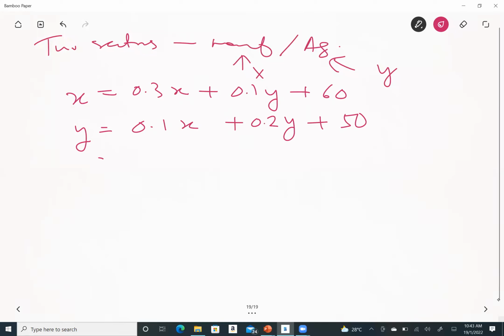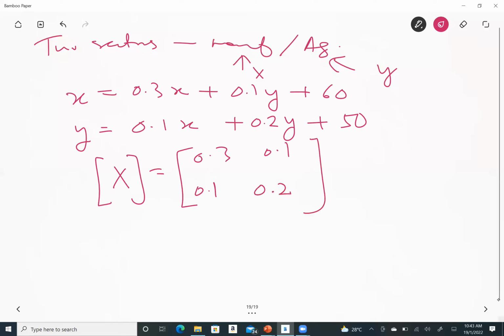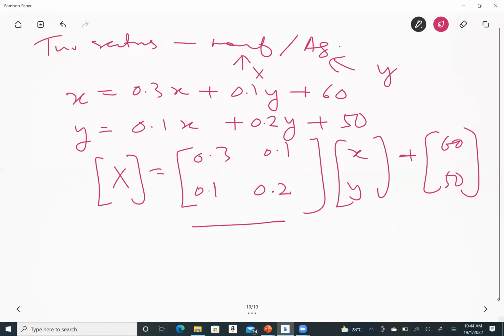In matrix form, it will be X equal to what? 0.3, 0.1, 0.1, 0.2, multiplied by X, Y, plus 60, 50. Now I want to talk about that matrix A.